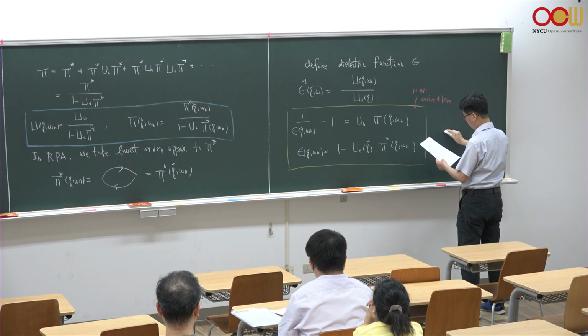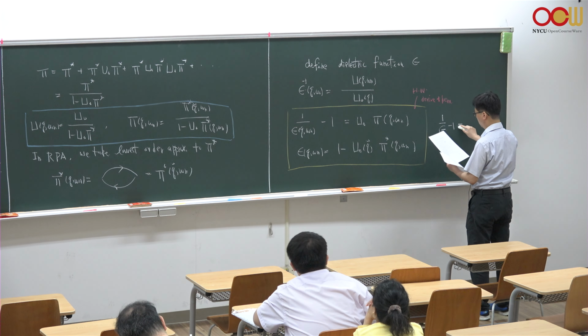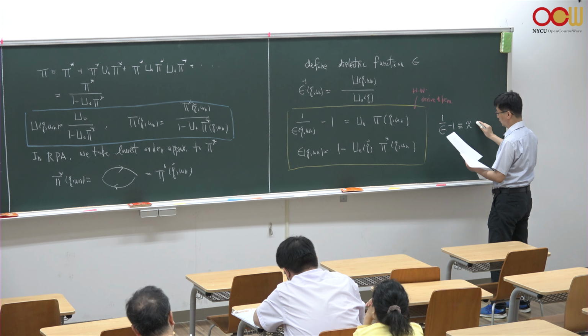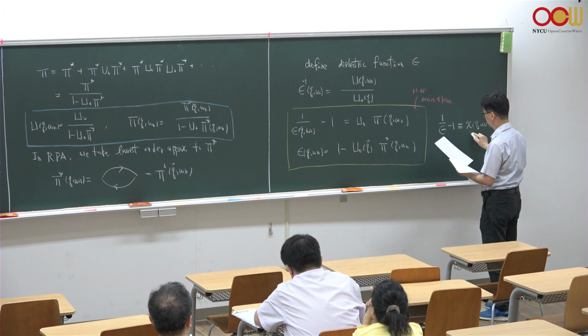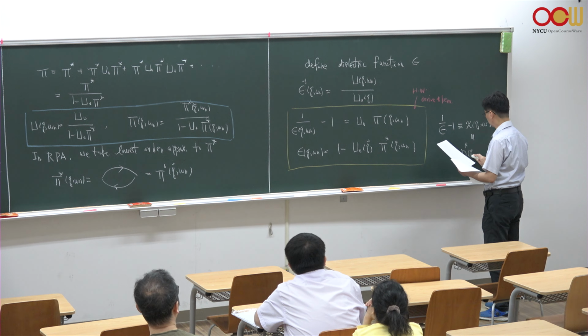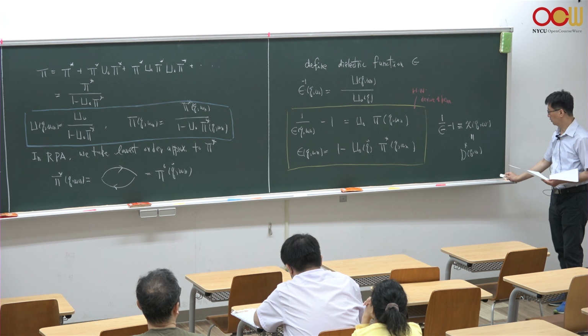So next, this epsilon, or 1 over epsilon minus 1, we define as some kind of charge susceptibility, chi, and this chi is defined by the real part of the density-density correlation function, capital D retarded as a function of Q and omega.